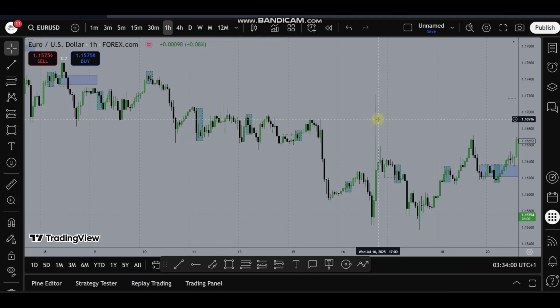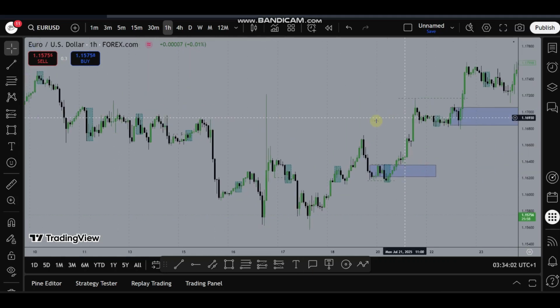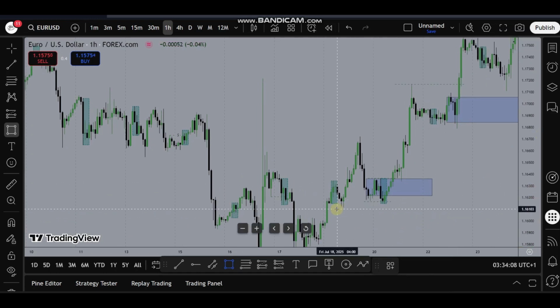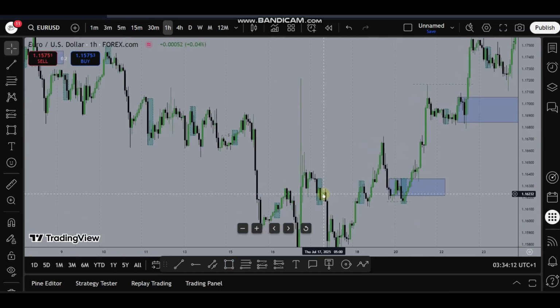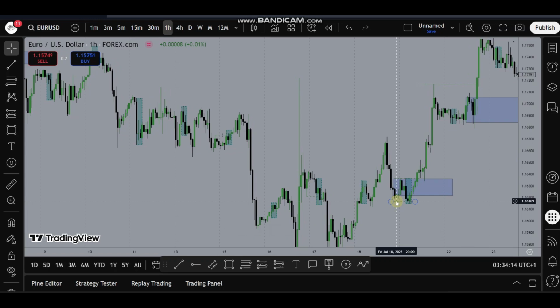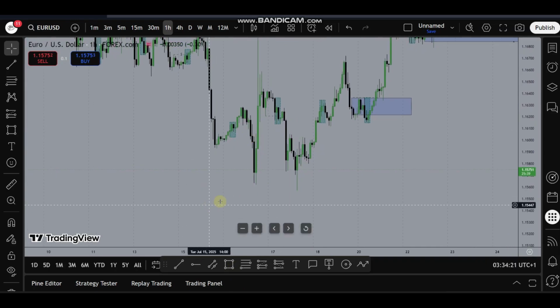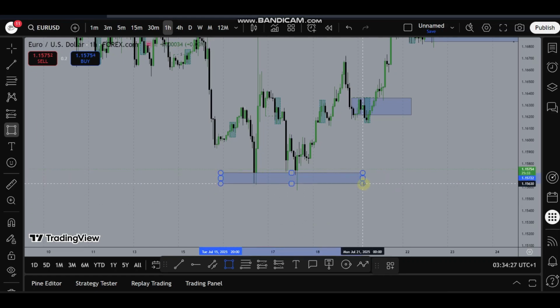So the rejection block is something like this: the area marked by the wick of this candle, the area marked by the wicks of a swing point, because this is a swing point.